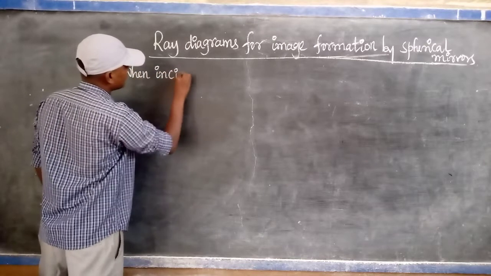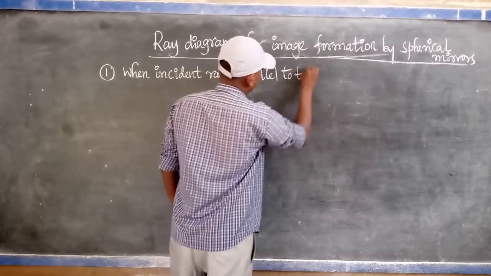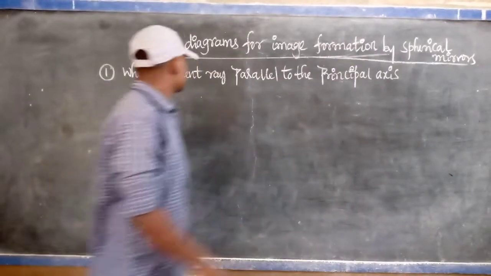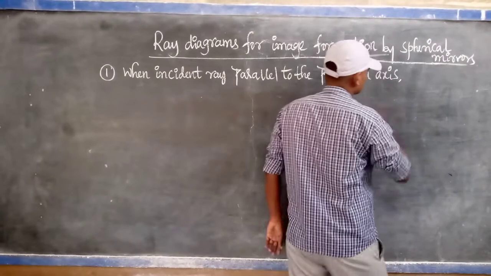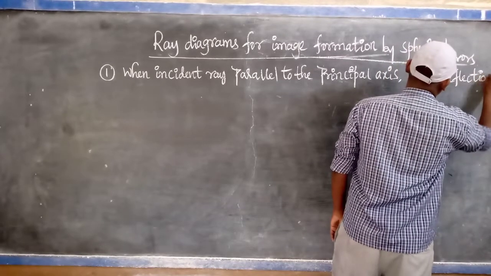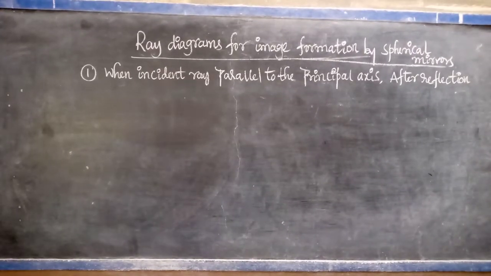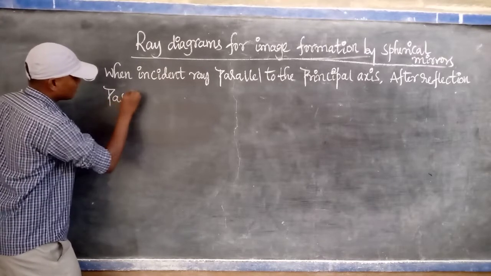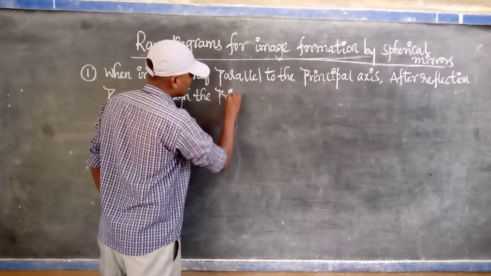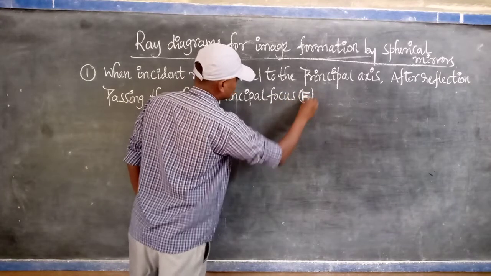When an incident ray parallel to the principal axis, after reflection, passes through the principal focus, which is capital F. So listen very carefully.